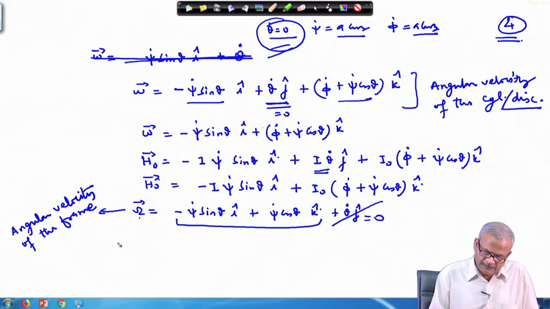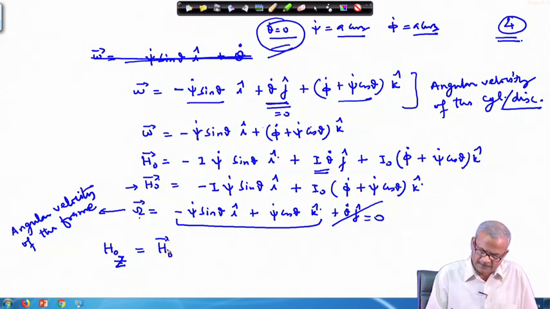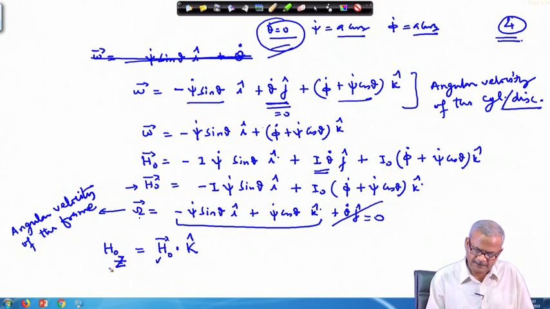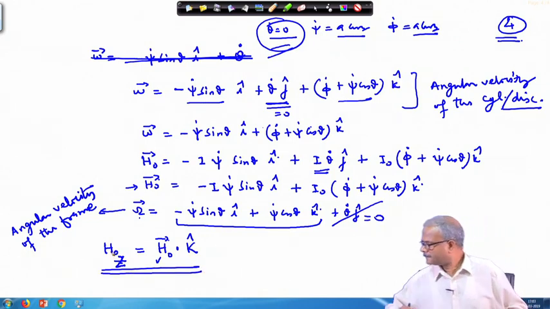If we look for the momentum component along the capital Z axis, what we need to do is just take the dot product of this with respect to capital K, and that will give you the momentum component along the Z axis.